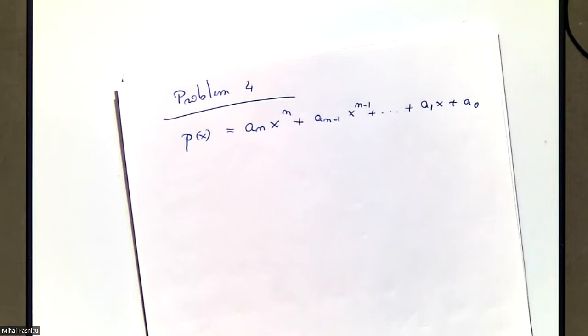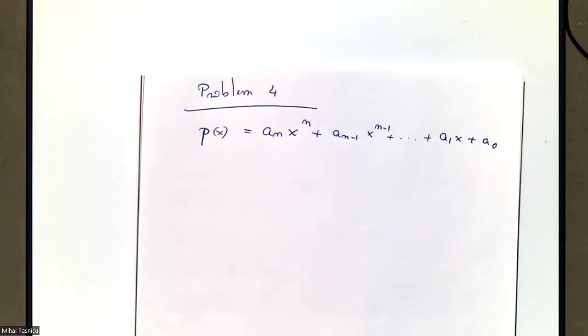If you don't like this writing, just think of it as any sum of powers of x. Any sum of powers of x you can think of, that is a polynomial by definition. This is the formal way of writing it. With any coefficients, any signs, doesn't matter, that is a polynomial.